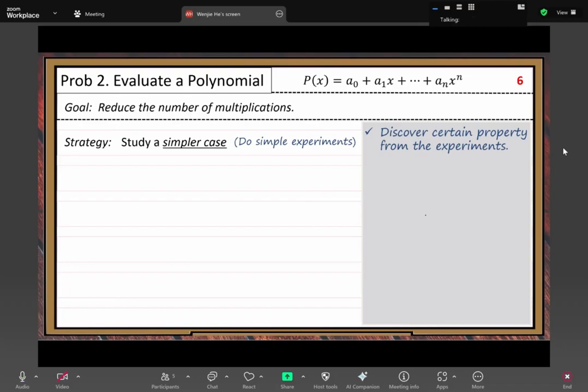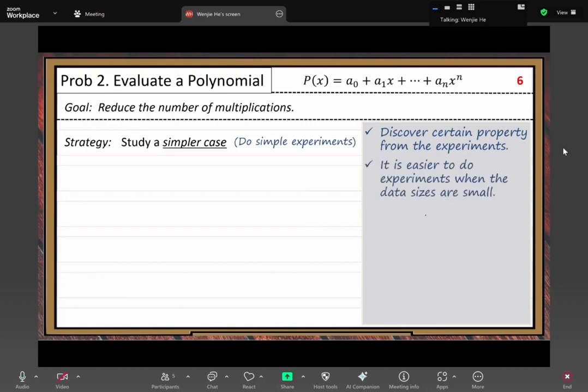Why do we do simple experiments at the beginning? Because through our experiments, we try to find some special properties. We want to do observations from these experiments, summarize, and try to find special properties.